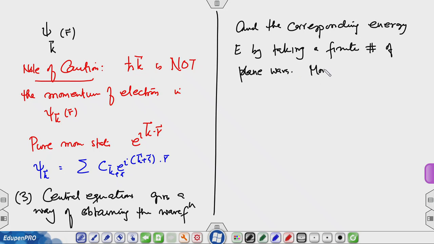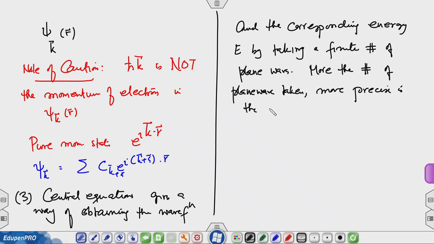The more plane waves taken, the more precise is the solution. Ideally, I should be taking an infinite number of plane waves, but that cannot be solved.